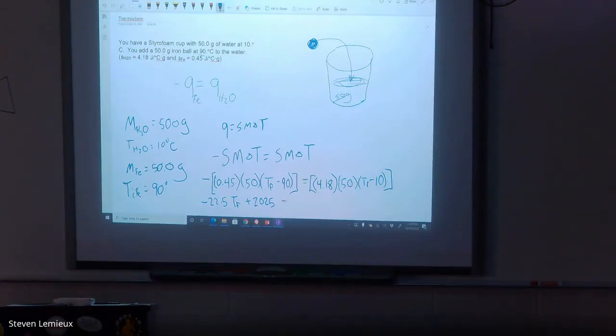So equals, then I have 209 TF, and then I have minus 2090. So this side is negative 2090, the other side's positive 2025 at this point.